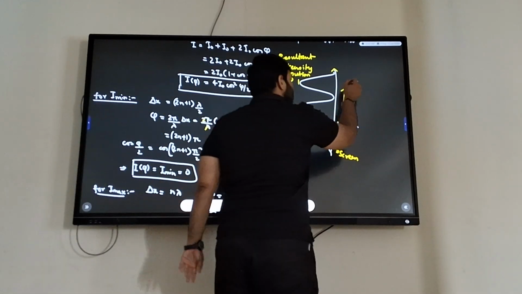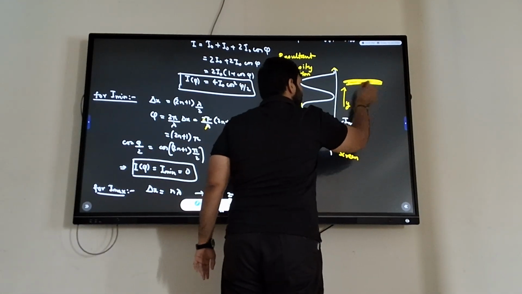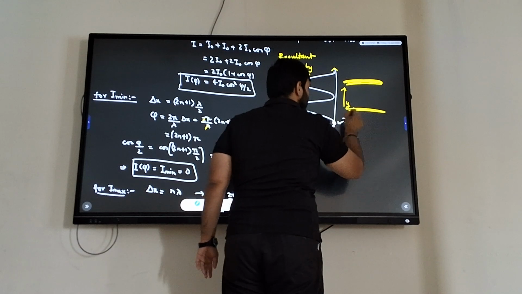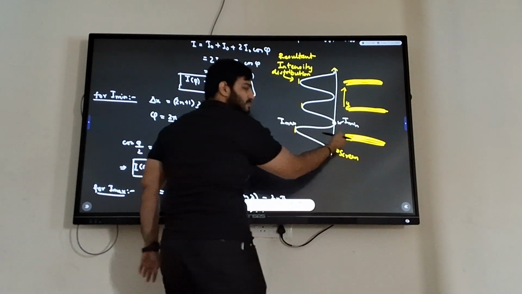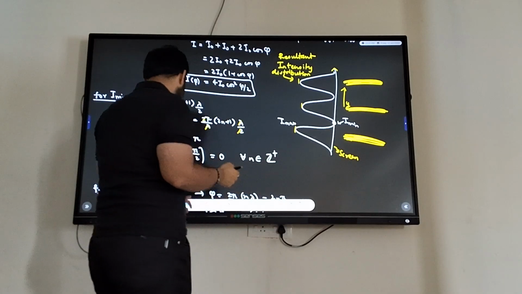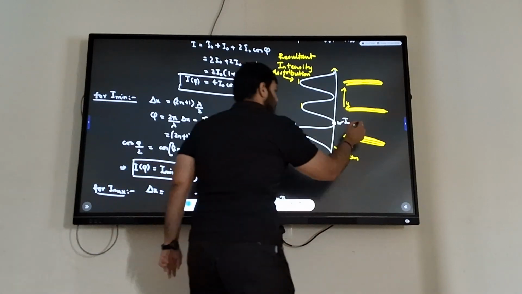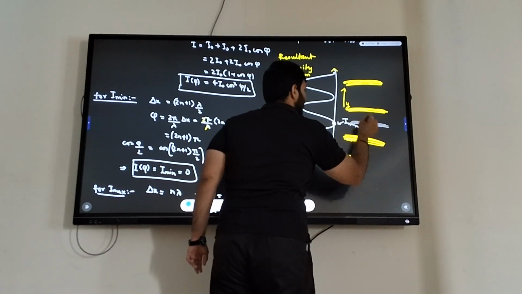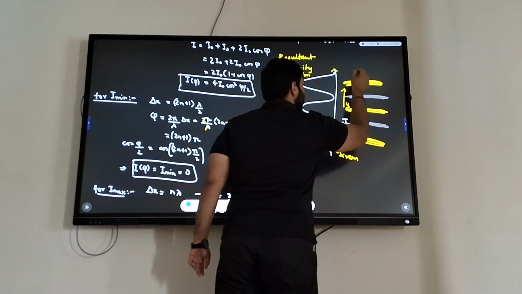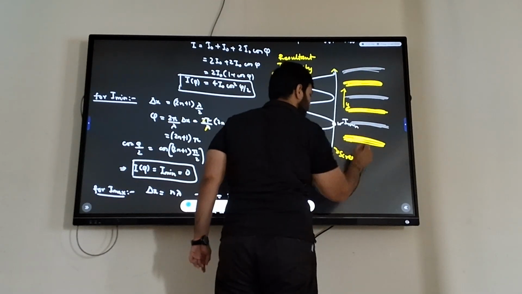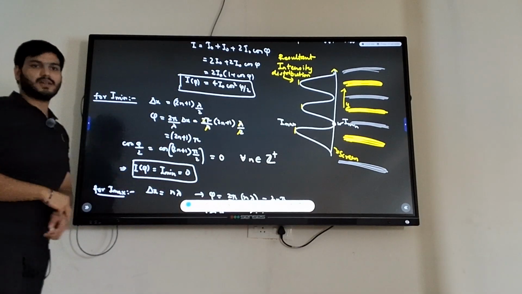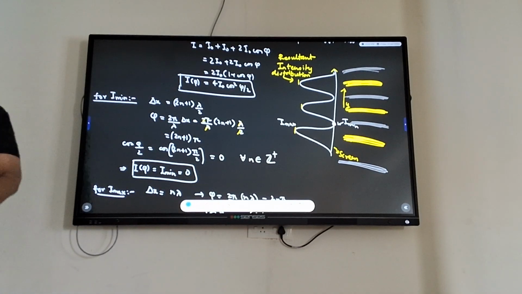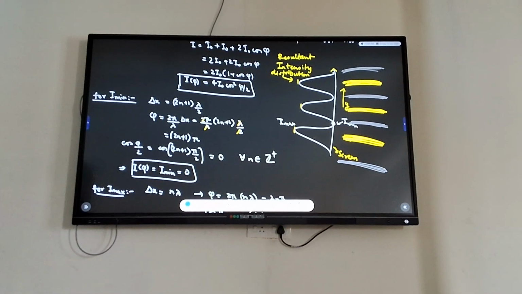Something like this, right? Very high intensity here, and here also, because they correspond to maxima, and then what? Here minima. Like this. Do you understand? Alternate dark and bright fringes. So please make the diagram and please use some color coding.